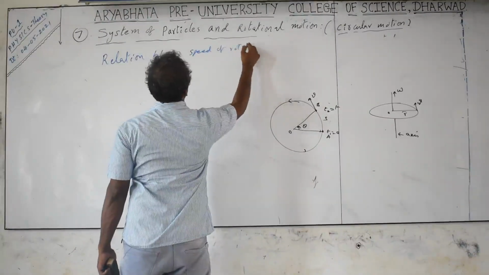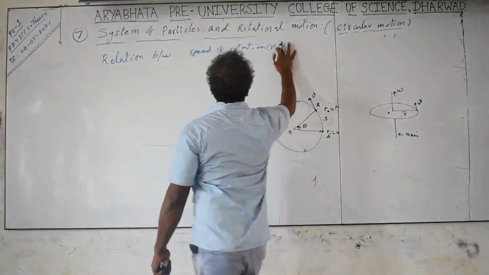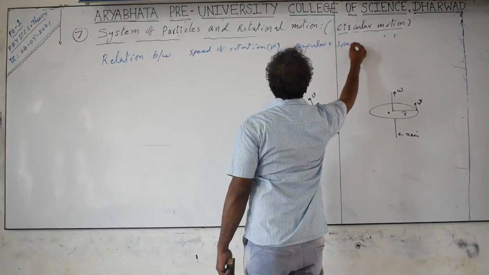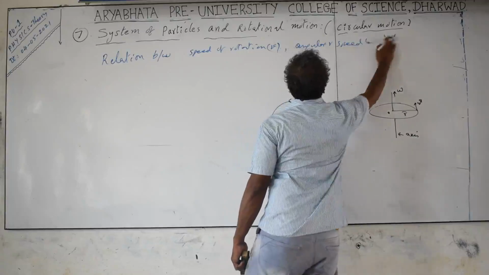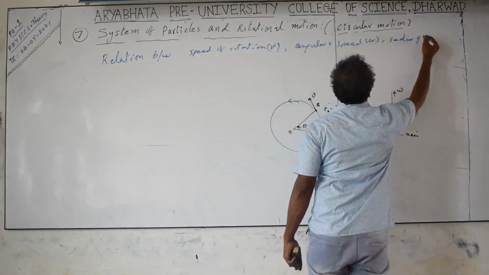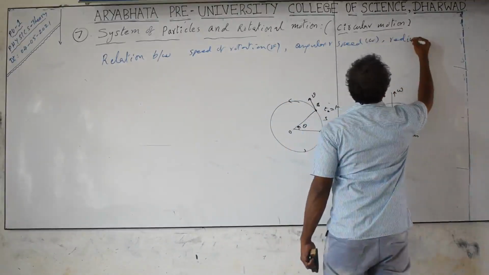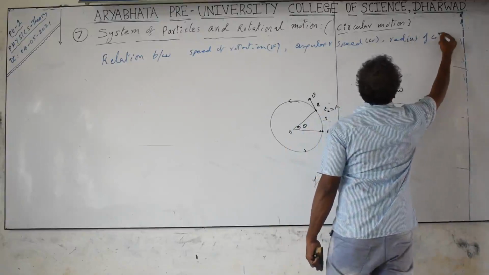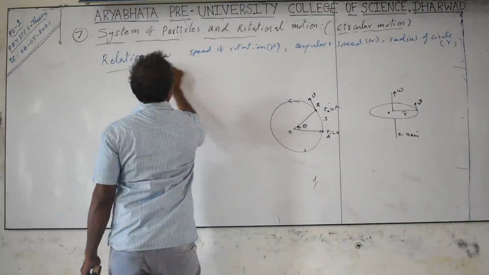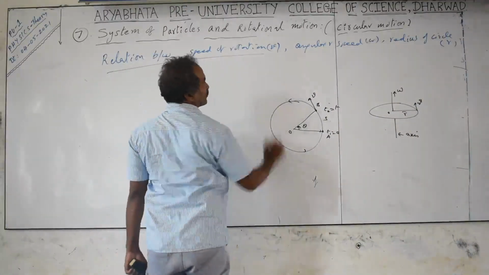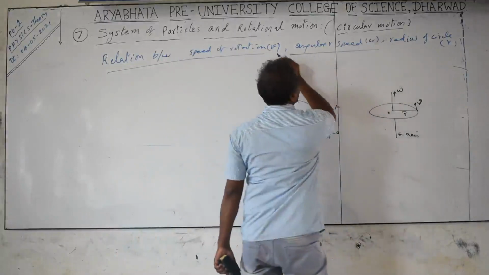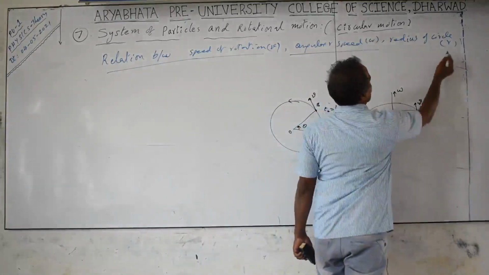Speed of rotation v, angular speed omega, comma, radius of circle. Or the relation between speed of rotation, the magnitude of the velocity you are taking, angular speed omega, speed of rotation is v, and radius of circle is r.